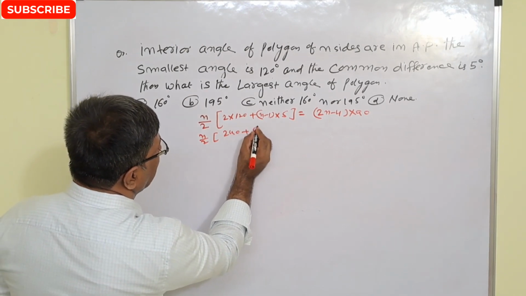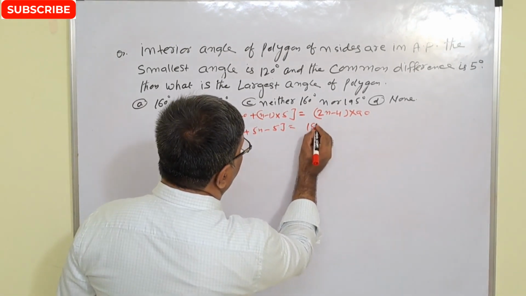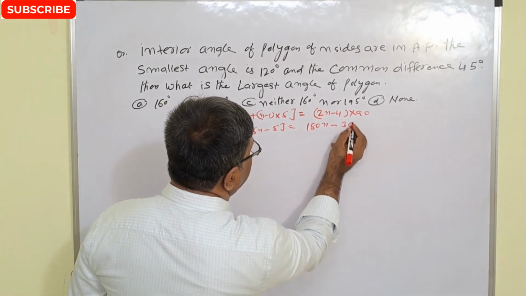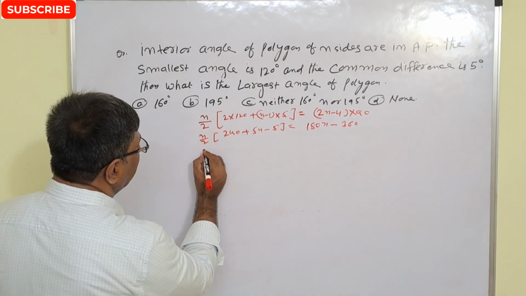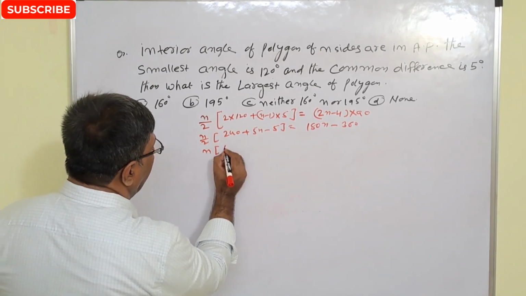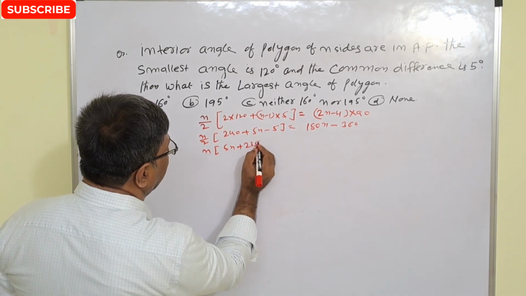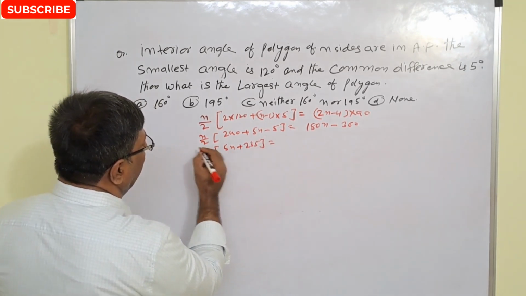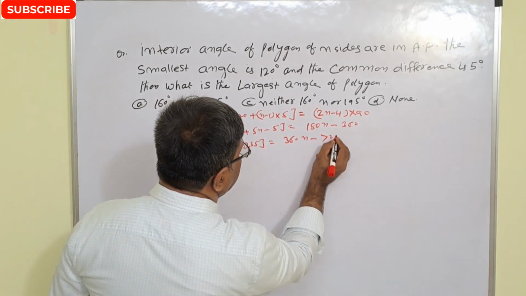n by 2 into 240 plus 5n minus 5 equals 180n minus 360. So n into 5n plus 240 minus 5, that is 235, equals 2 into 180, 360n, minus 720.